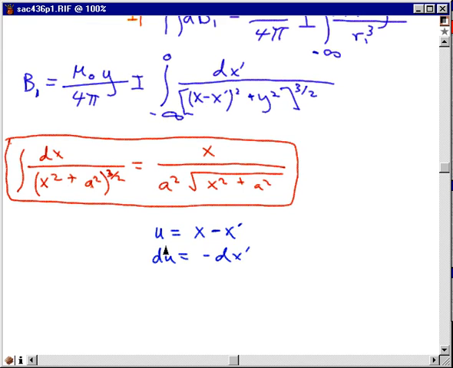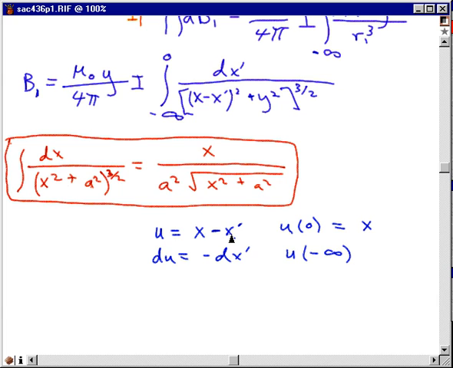Well, let's figure out what the limits of integration would be if our integration variable is u. The upper limit, u when x prime is equal to 0, is going to be equal to just x. And u when x prime is equal to the lower limit, the minus infinity.